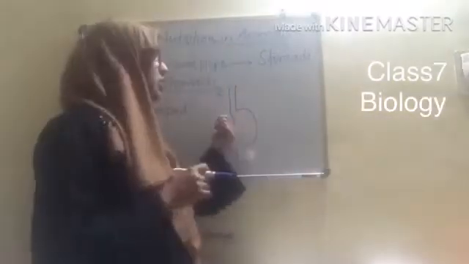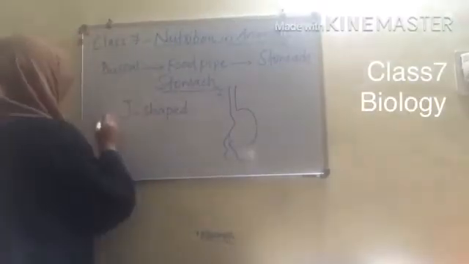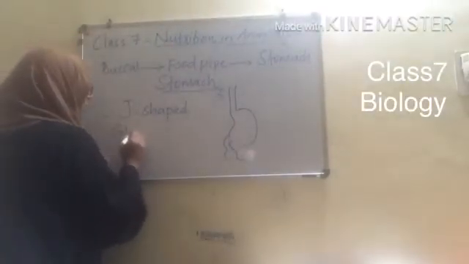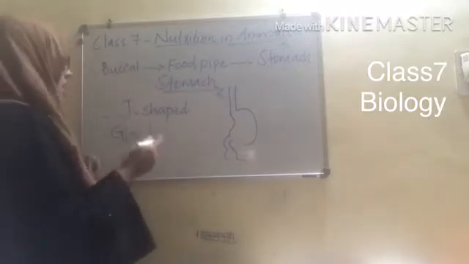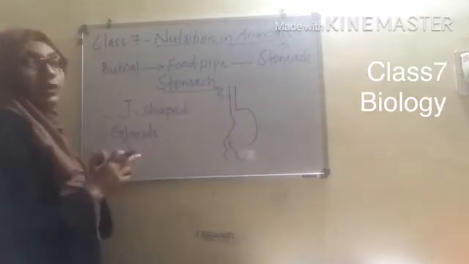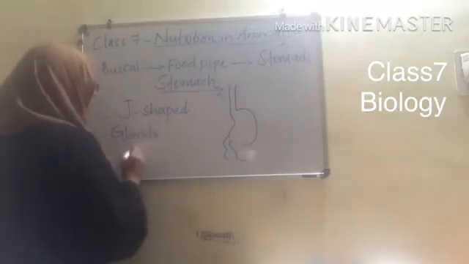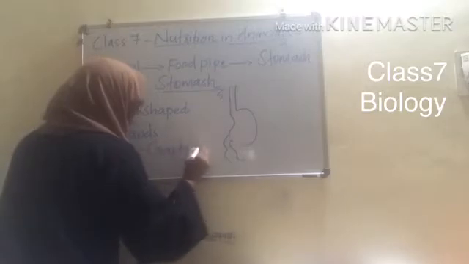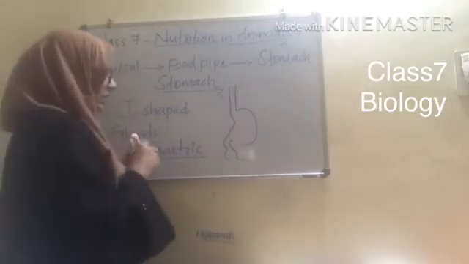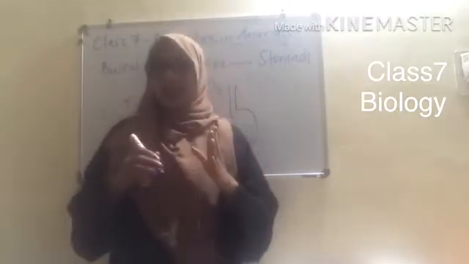The walls of the stomach contain glands. We know some accessory glands are helping with the digestion, right? Some glands are present over the walls of the stomach and the glands are known as gastric glands. Which glands? Gastric glands. Okay, write and study.